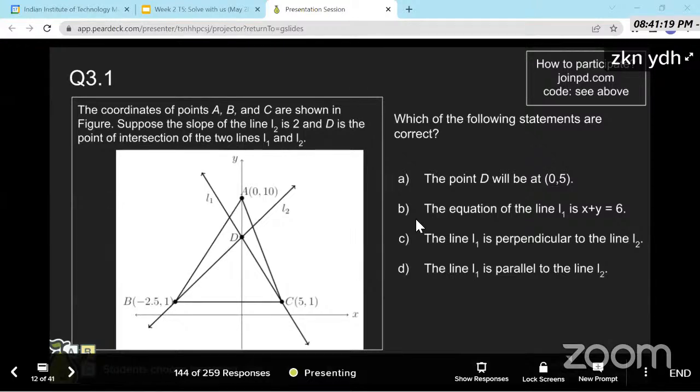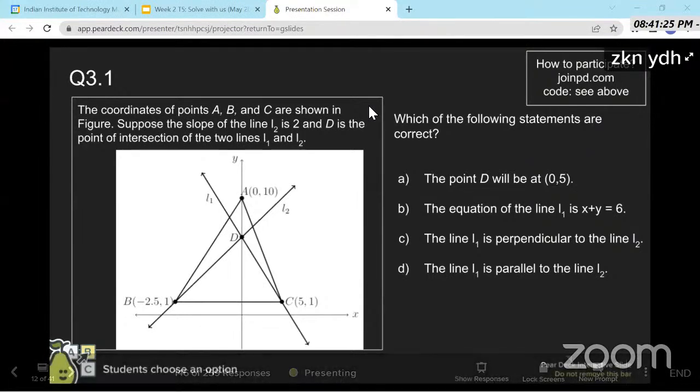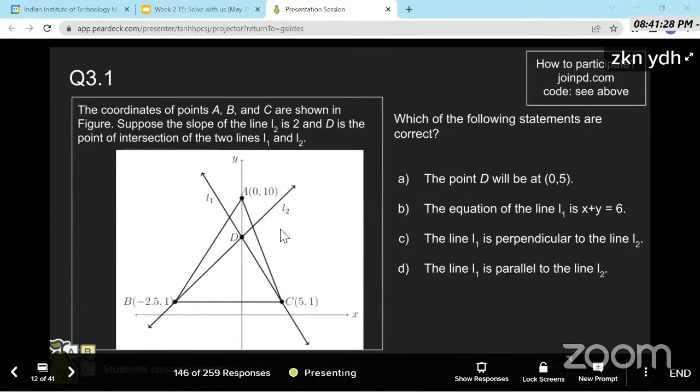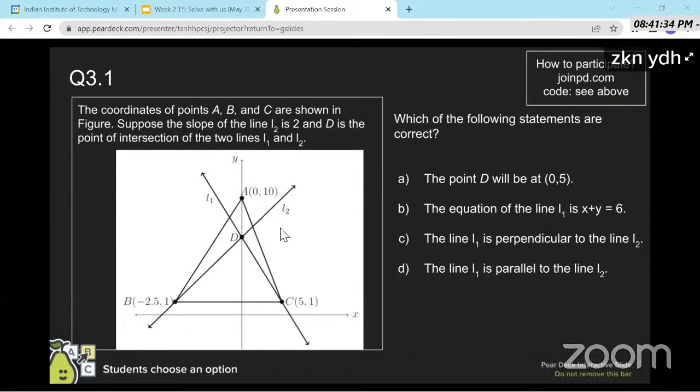We'll wait for another 2 minutes and then we can start discussing this. So let's see. 46 of you have given responses till now, but not everybody is participating. At least some 50 of you haven't joined here.